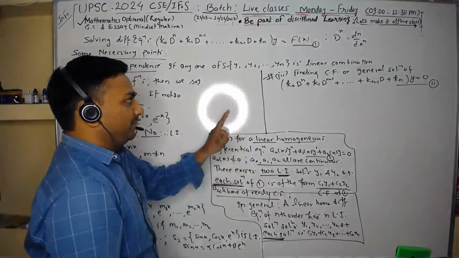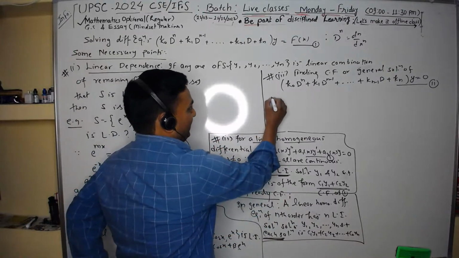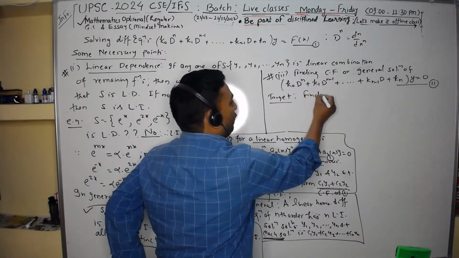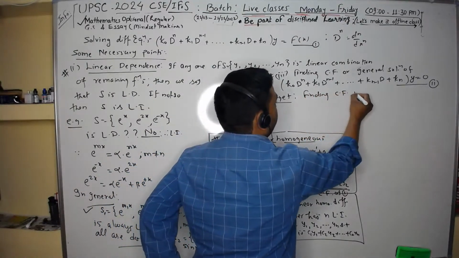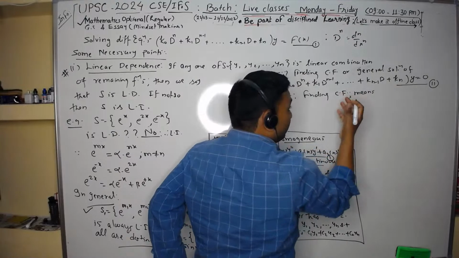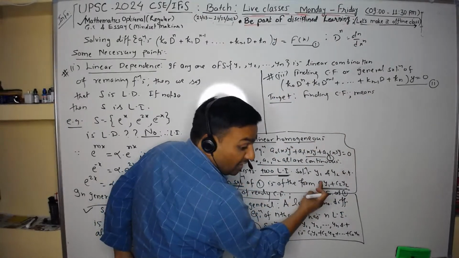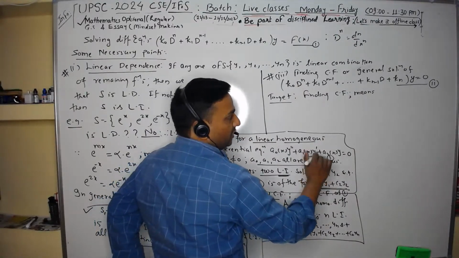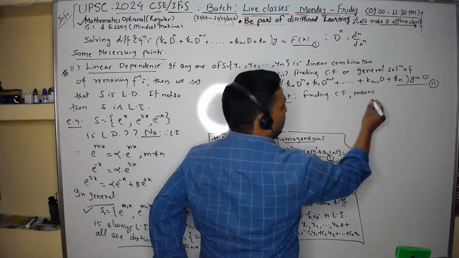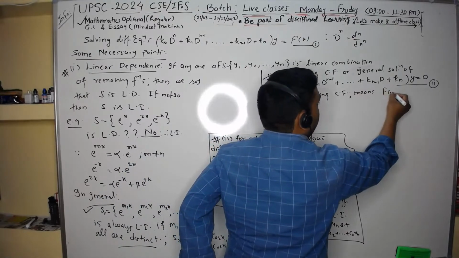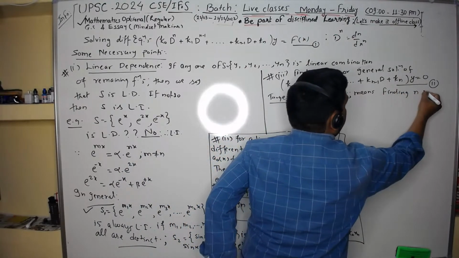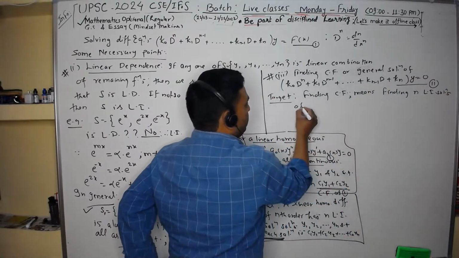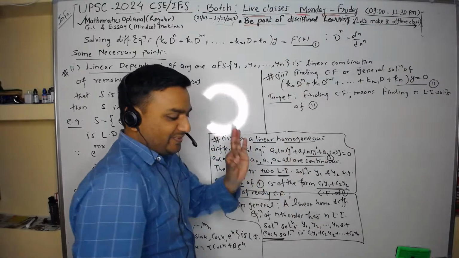See, my dear, what is the target? The target is finding CF. What does that mean? CF is what? A linear combination of LI solutions of this differential equation. So finding CF of this means finding n linearly independent solutions of 2.